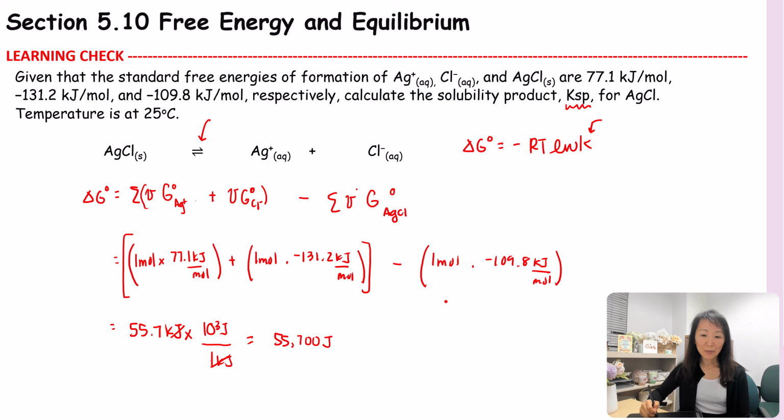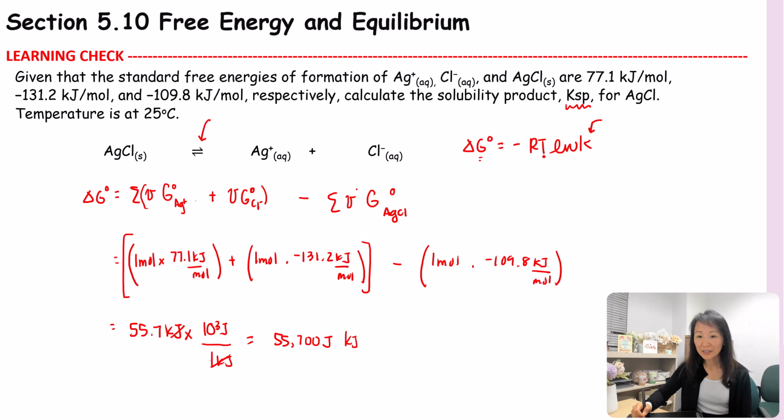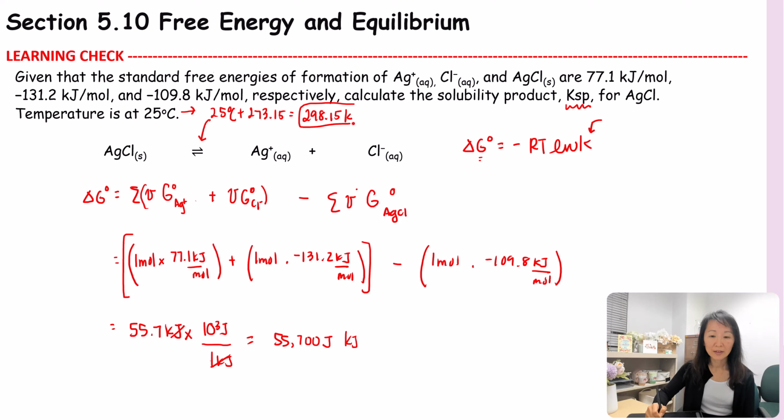So that's how much delta G is. So we know delta G right here. Do we know R? Yes, that's the gas constant. Do we know T? T temperature is at 25 degrees, and then we can add 25 plus the 273.15 to get it into Kelvin, which will give you 298.15 Kelvin. So we can plug that in, and then we can get K.